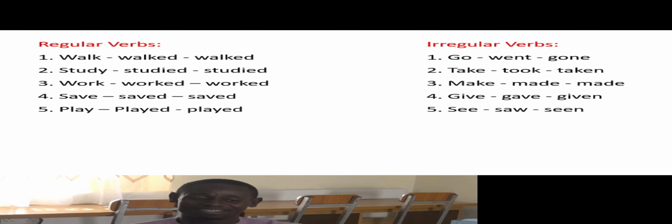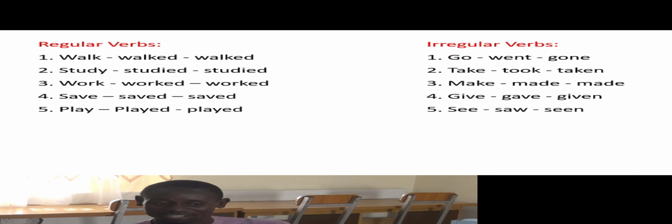The participle is gone. Let's try another example. Take. So what's the past form of take? Of course, we can say taked, but we have took, T-O-O-K. Took. And the participle is taken.